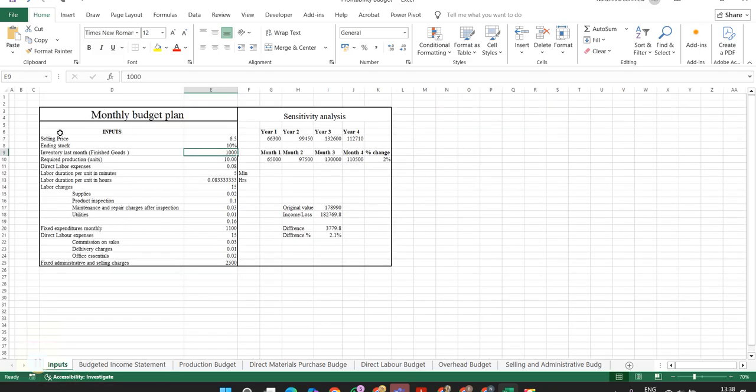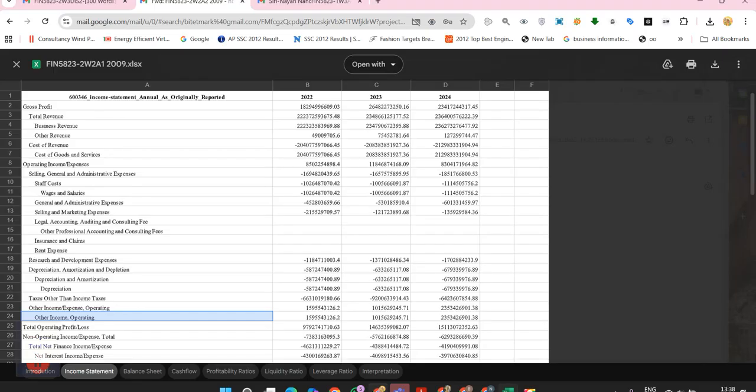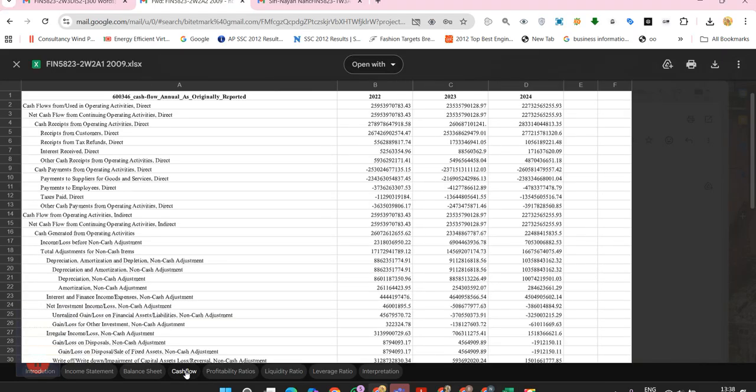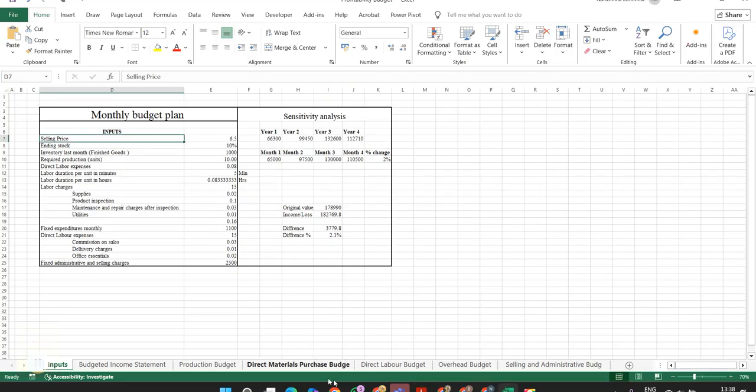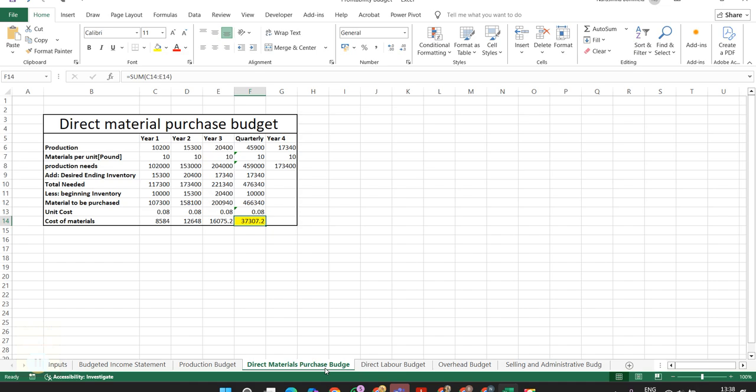So what should we do? Come to this page and check the selling price. Usually you won't get the selling price from the income statement or cash flow analysis. Usually the income statement, balance sheet and cash flows show total values. For example, in the direct material budget, we estimate total production, the total number of units, and how many materials are required for each product.